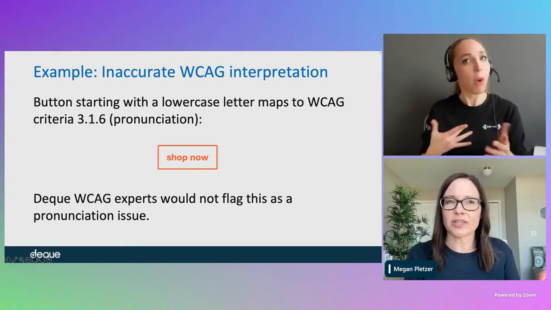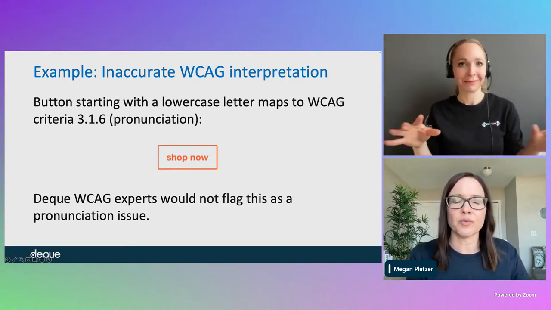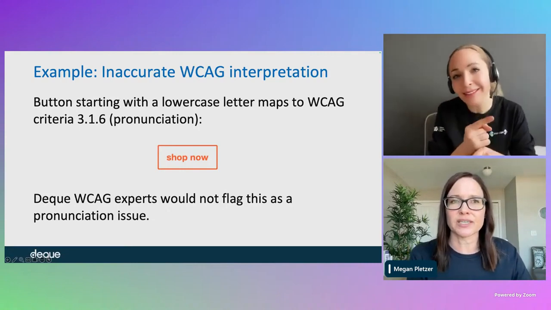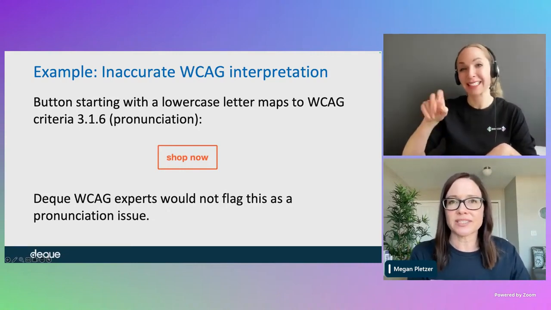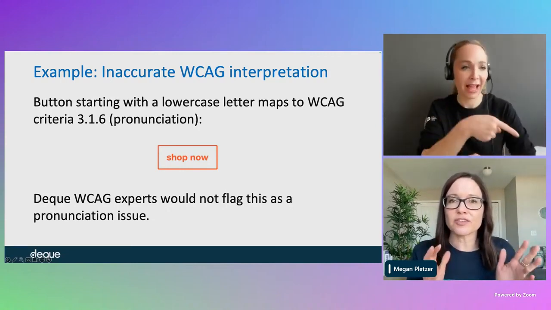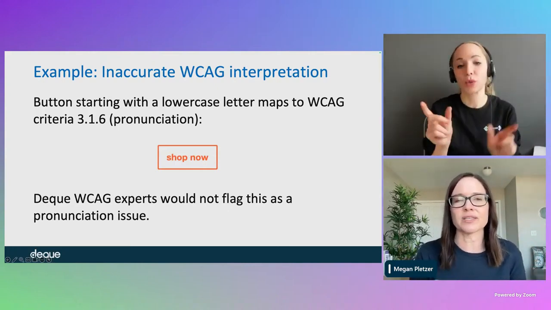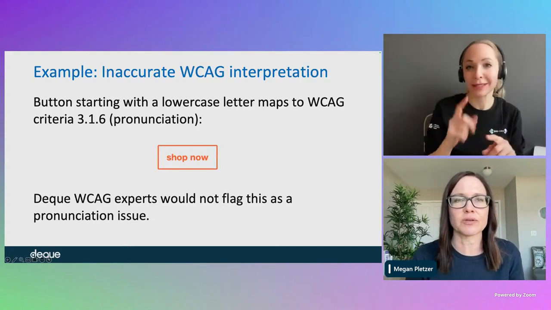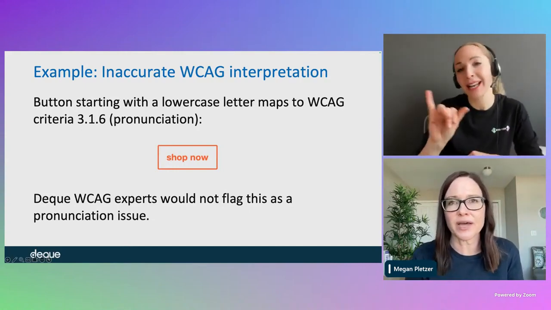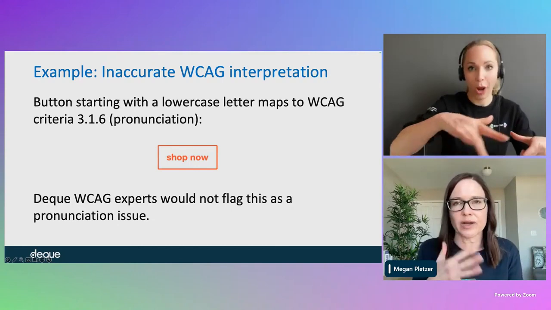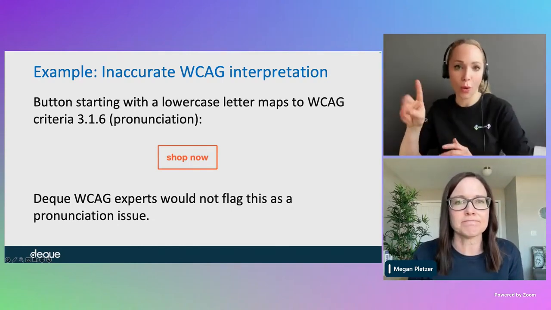In fact, that's not quite the right mapping for this example. We wouldn't here at DQ flag this as a pronunciation issue. Pronunciation is really two words, they're spelled the same, but they're pronounced differently. So record or record. I think what this is maybe getting at is that if you would capitalize shop in shop now, the inflection might have been better when read aloud by a screen reader.